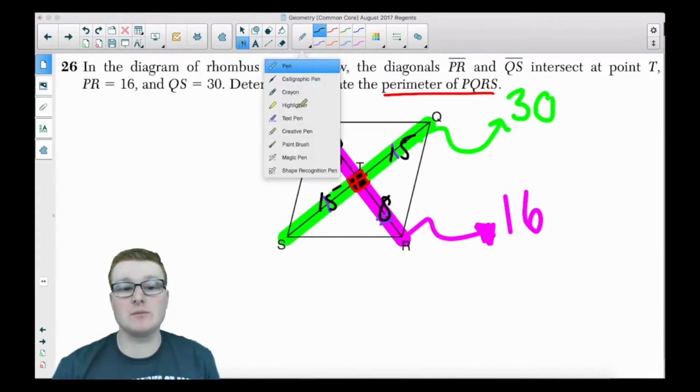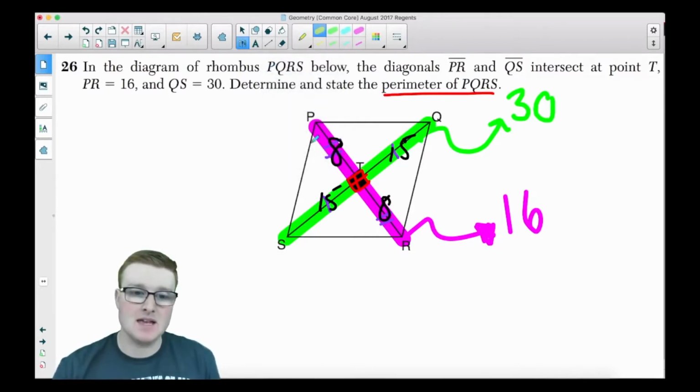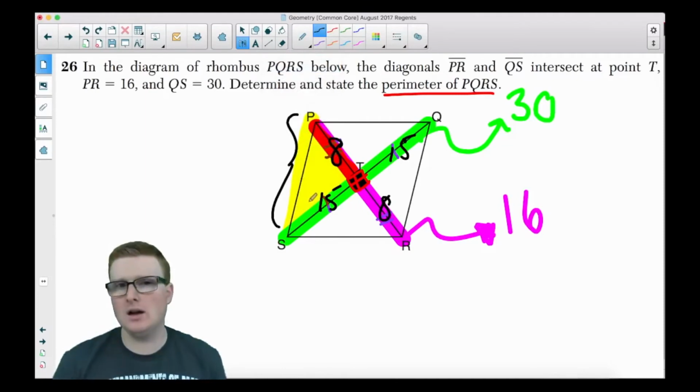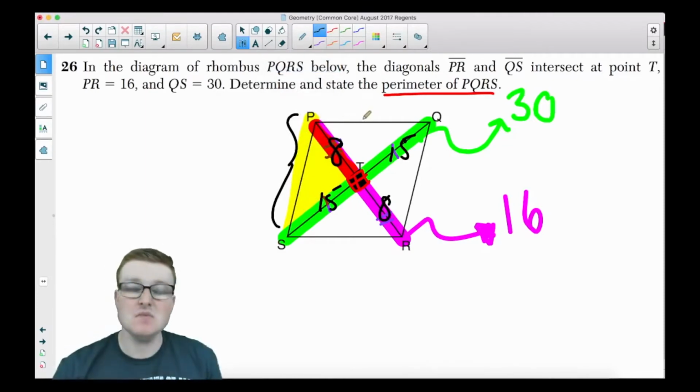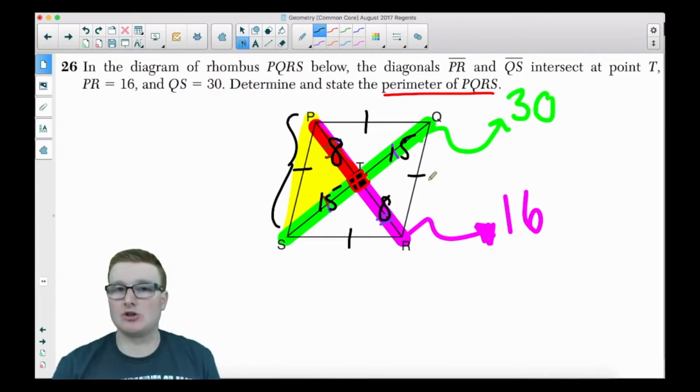What we could do from here, which is pretty sweet, is apply the Pythagorean theorem to one of the triangles and get the length of the hypotenuse, then just multiply that number by 4. Let me explain why. The four sides of a rhombus are congruent to each other. This is a right triangle.